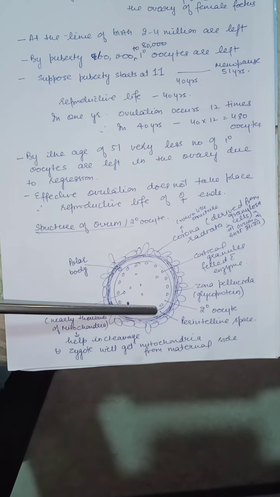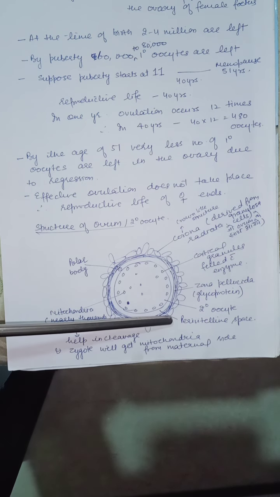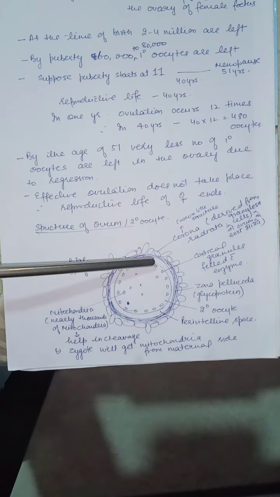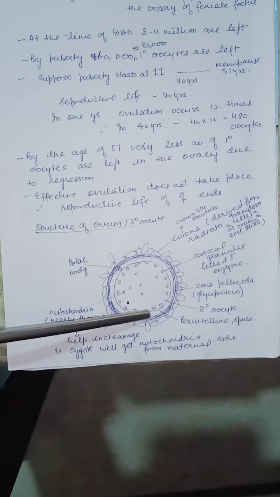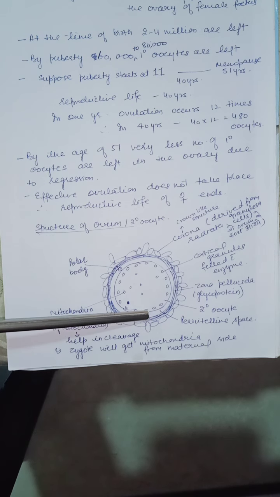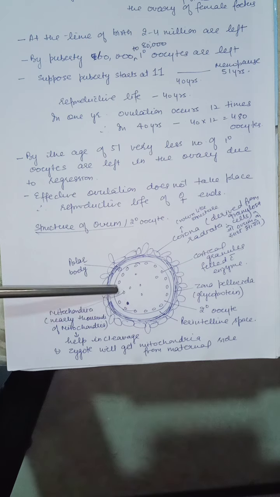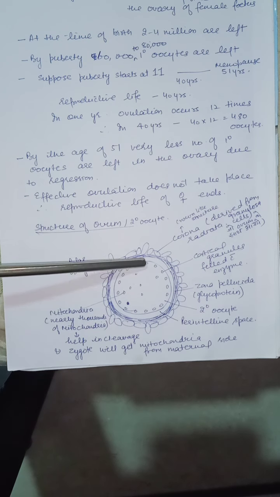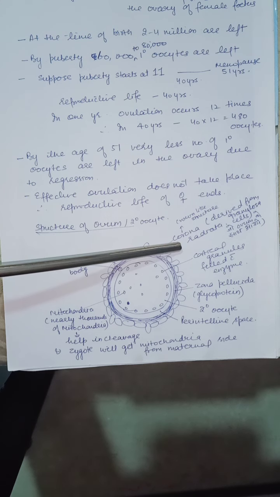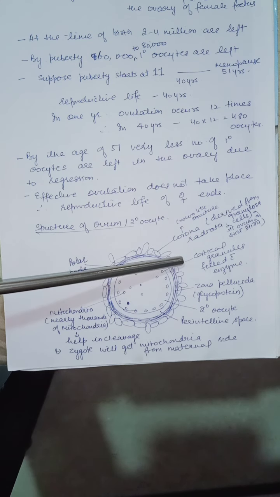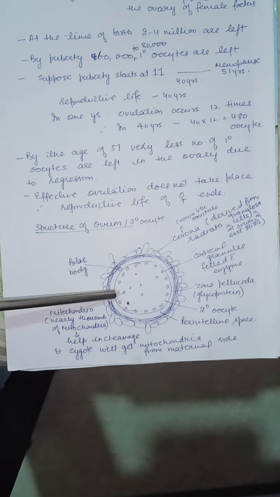The space between the cell membrane of secondary oocyte and zona pellucida is known as perivitelline space. On the periphery of the secondary oocyte, certain granules are present which are known as cortical granules. These cortical granules are filled with enzymes, which we will discuss later on.